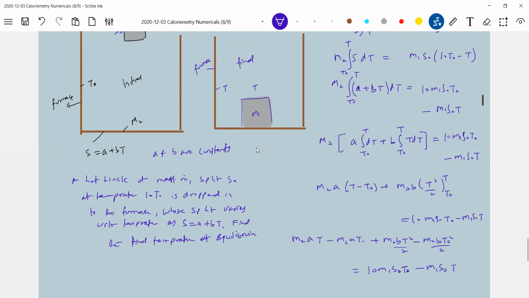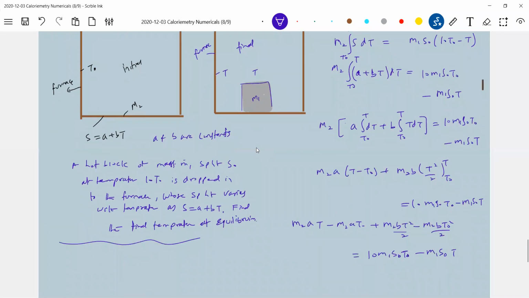What we have to do now is, T is the unknown, no? So a quadratic equation will come. For that, we have to solve it. So let me simplify further. M2B T square by 2 plus (M1 S naught plus M2A) T. Remaining, what all will come?